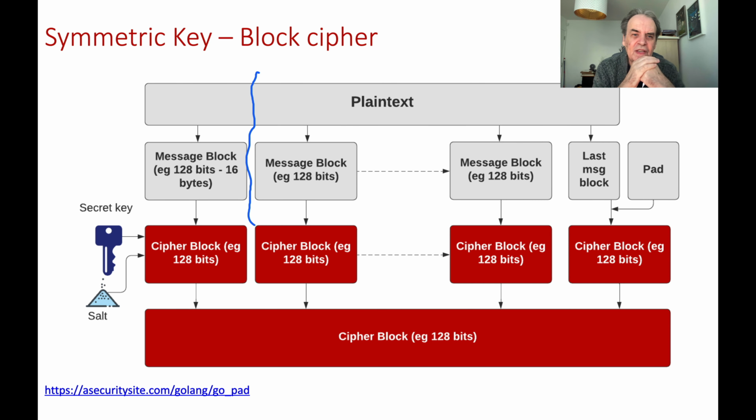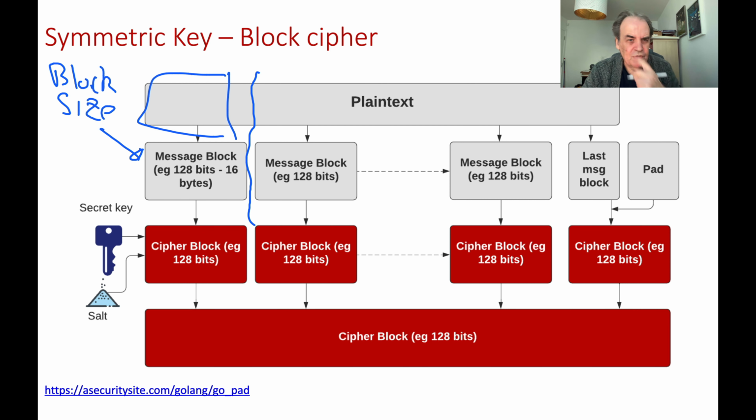This allows for very simple hardware to be created, and all we really need is to operate on some bytes at a time, do that operation, and we can even make that be done in parallel if required. So what we have is what's called a block size, and the block size defines how we chop the data up into blocks, and then we will process each of these and cipher them.